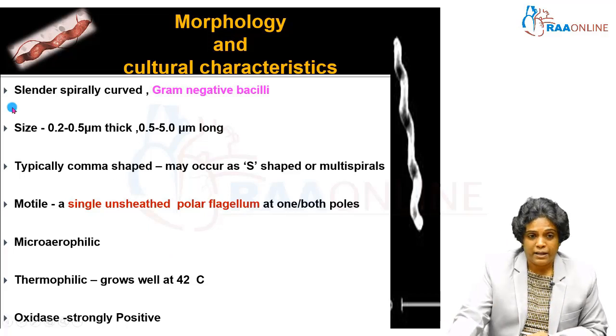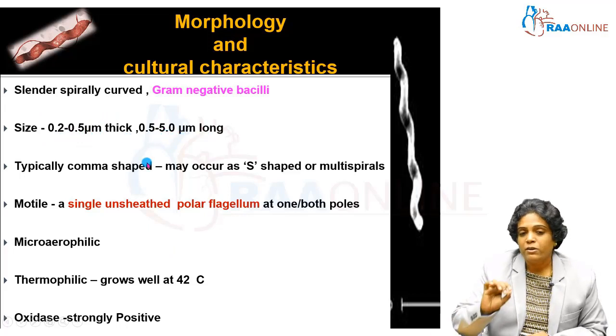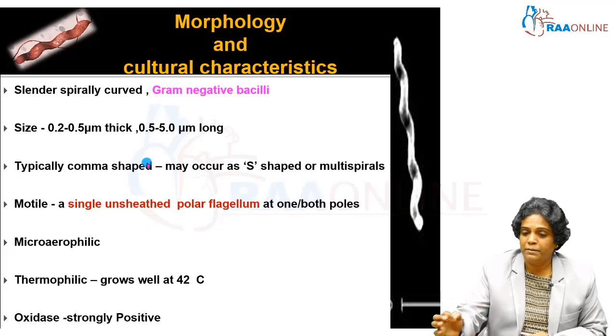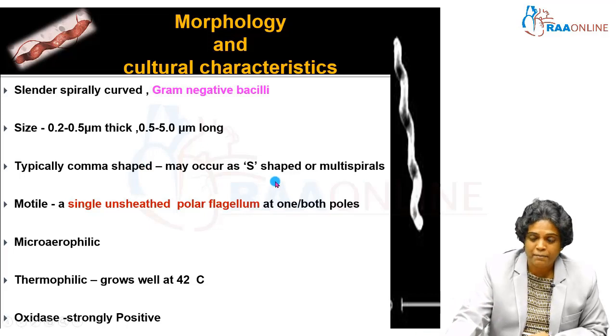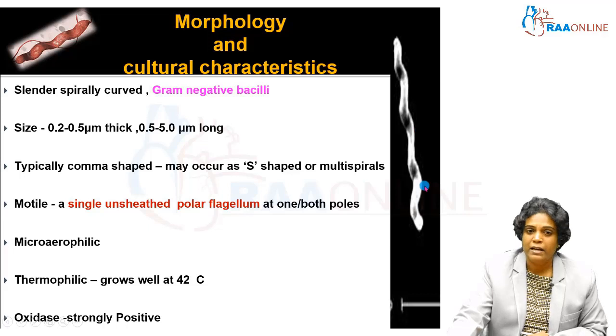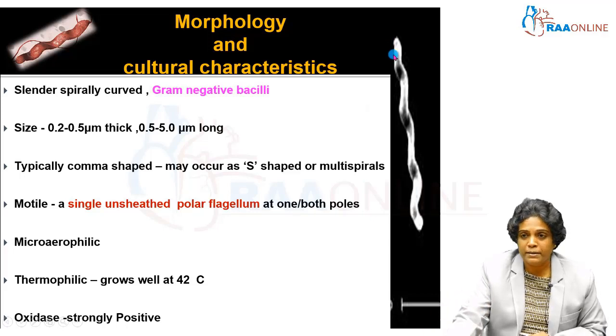It is gram-negative, 0.2 to 0.5 micrometer thick and 5 micrometer long. It looks like a comma, and it may also occur as S-shaped with multiple spirals. It is motile, with polar flagella present at one or both poles.